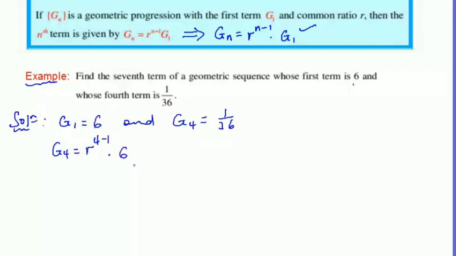The first term is 6. Now the fourth term, 1 over 36, equals r to the power of 3, since 4 minus 1 is 3, times 6.